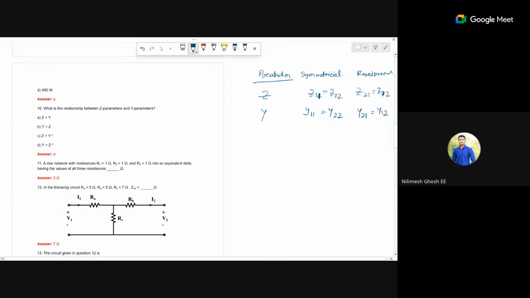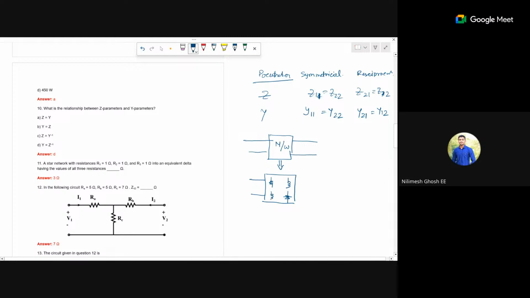Let's say we have a circuit, a network here, and we divide this network into two equal half parts. Let's say the network has a resistor here, an inductor here, a capacitor here, and another inductor here.